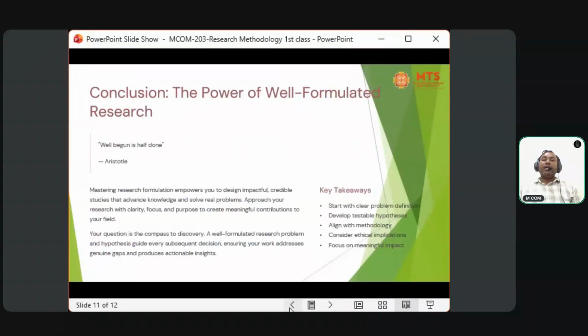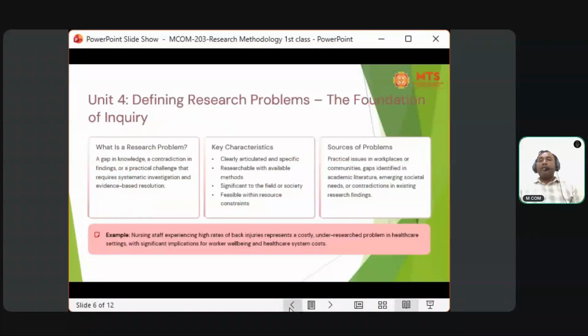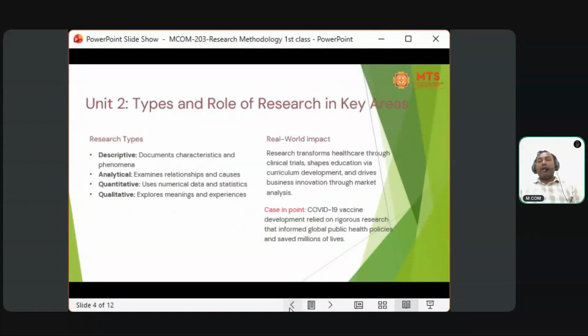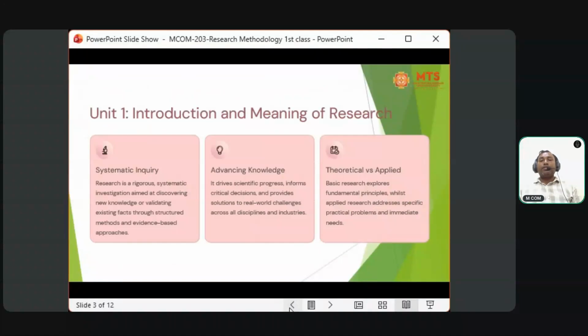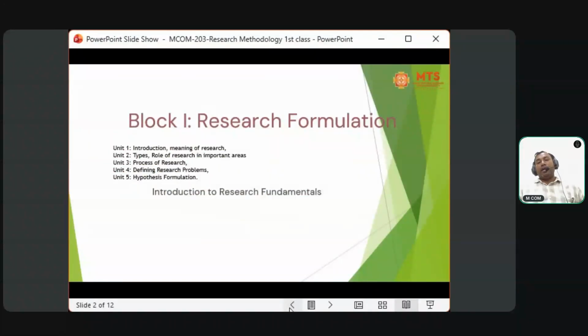So this is the research methodology. I have discussed 5 units in this class. You should read all the units.